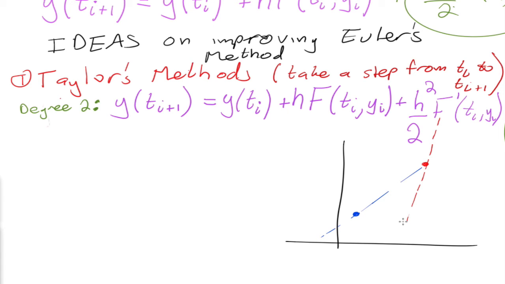Instead of using this slope only to get to the next point, you calculate the slope at the first point, calculate the slope at the next point, and then you use the average of the two slopes, right? Because it's really probably not there, but somewhere in between.